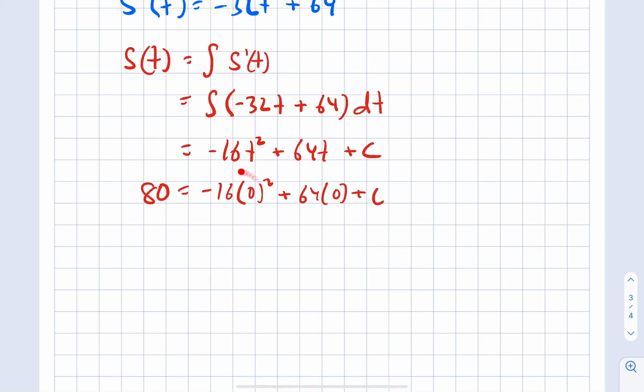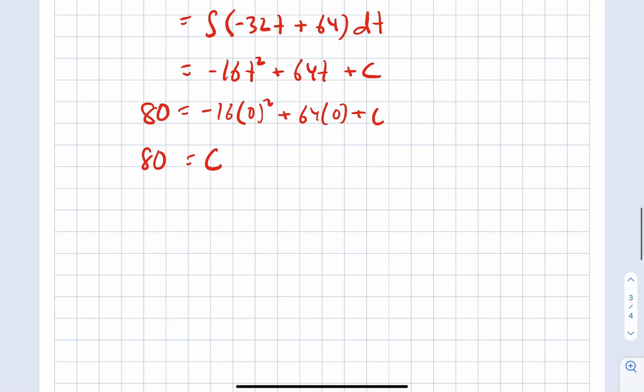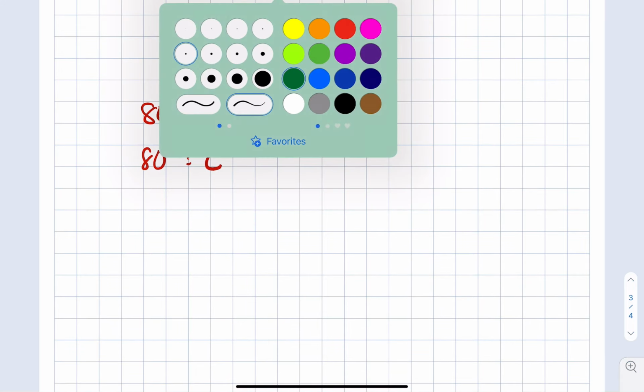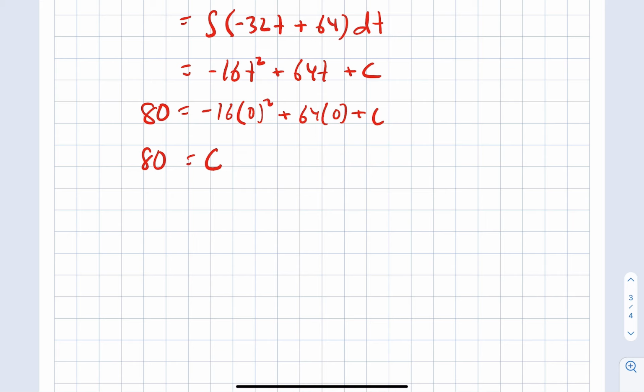Well, we now know that mathematically speaking, these two are going to turn into 0, which means that c is going to equal 80. Okay. So in the end, putting it all together, the position function, s of t, is going to equal negative 16t squared plus 64t, and then the constant of integration we can add in is going to be 80.